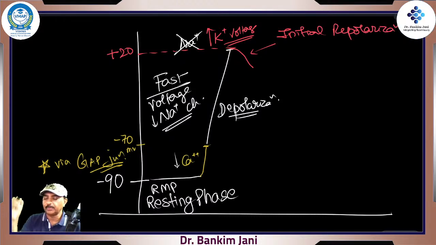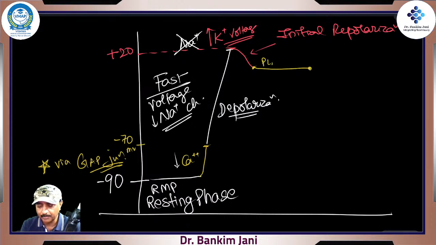But then comes the most beautiful part, and that's the plateau, right? A plateau, a flat surface. This is the plateau where the potassium channels are working, but the calcium channels kick in, right?